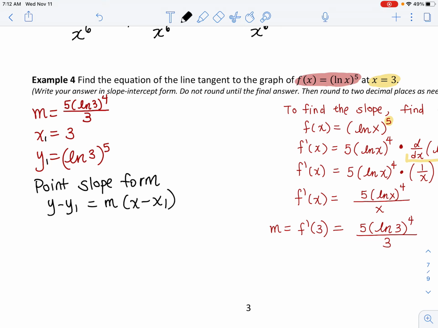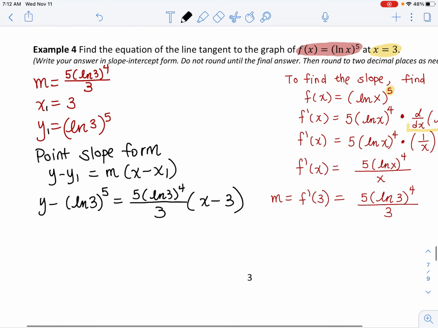Okay, I'm going to evaluate them when I'm done because they did say do not round until the final answer. Y minus natural log of 3 raised to the 5th power equals the slope, 5 times natural log of 3 to the 4th power over 3, parenthesis, x minus 3. Okay?